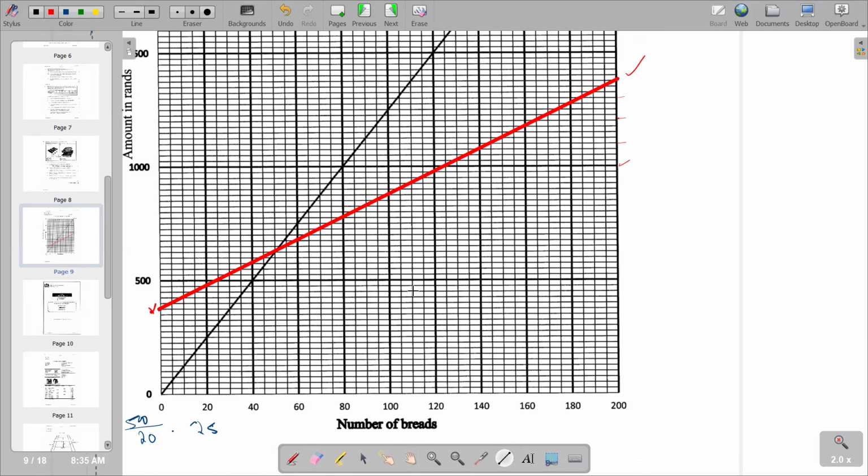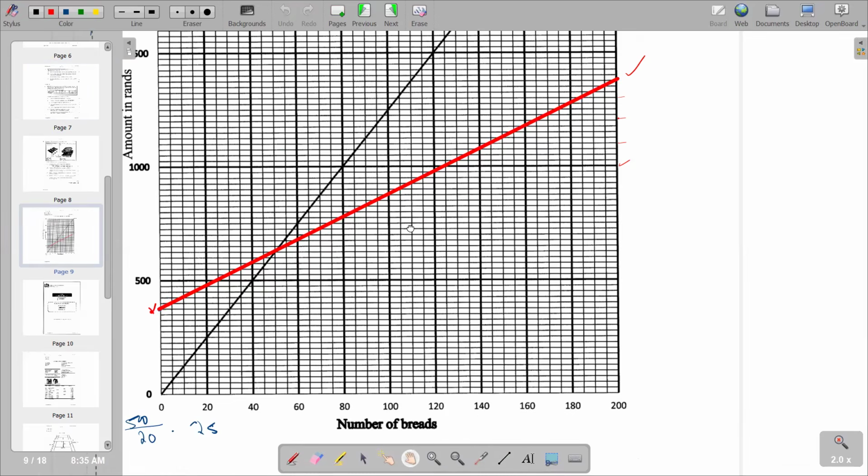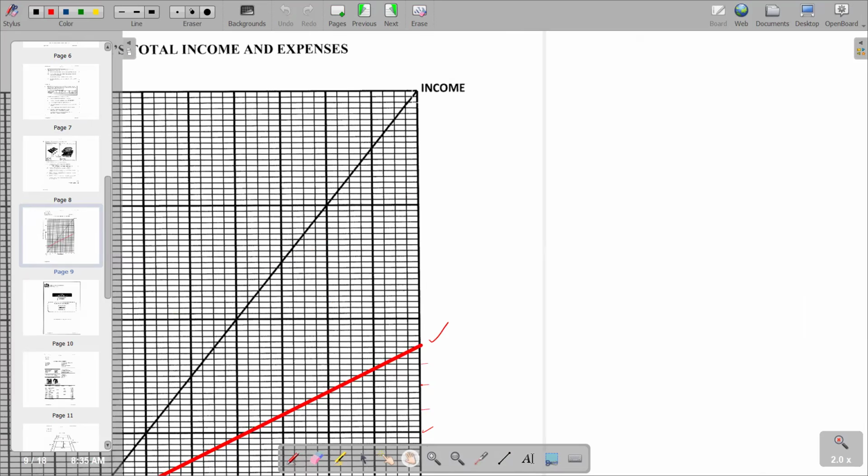So we have come up with our curve for our expenses. Here we have got our income, and this one now represents our expenses. So basically that's what we have.